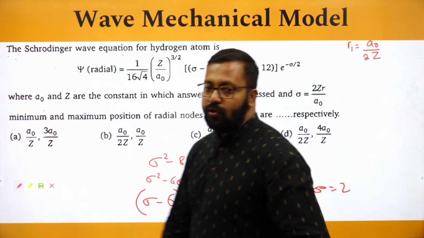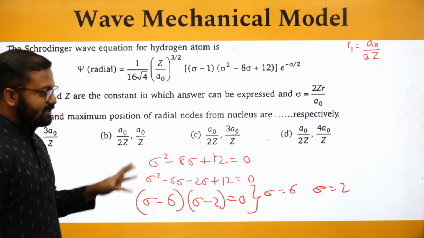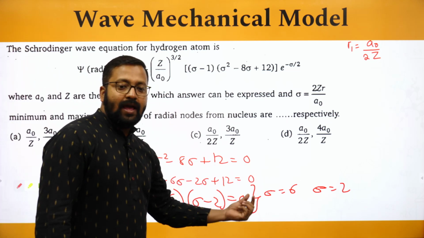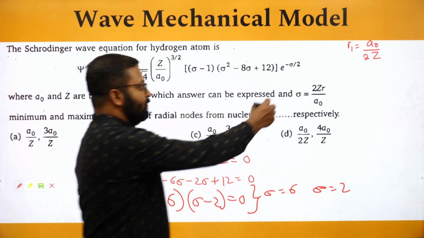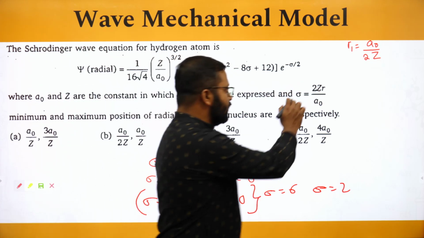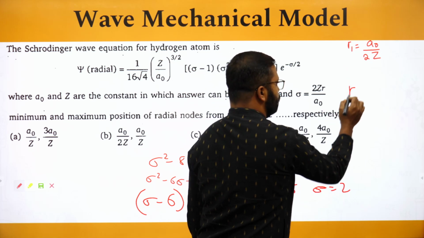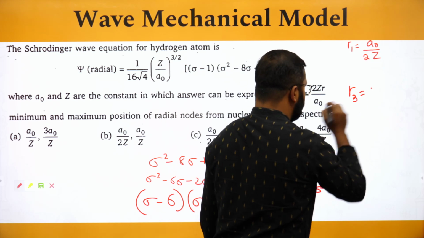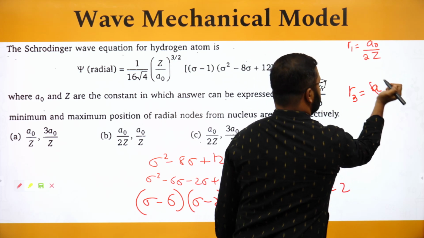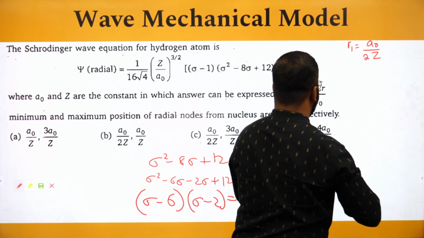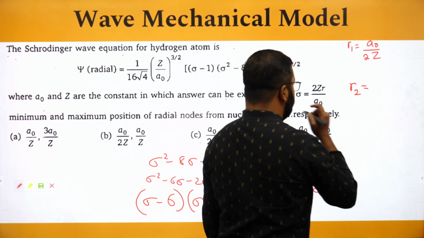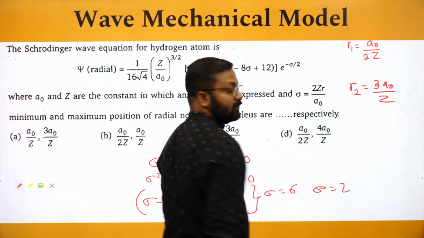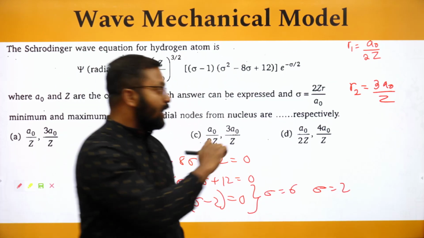If I place the value of sigma as 6, then the value of r, say r2, will be 3a naught by z.